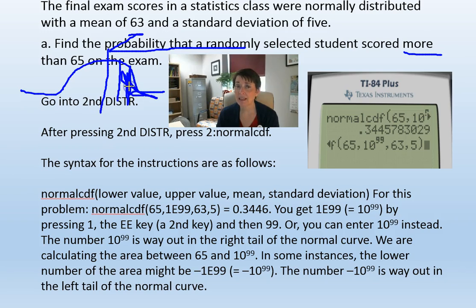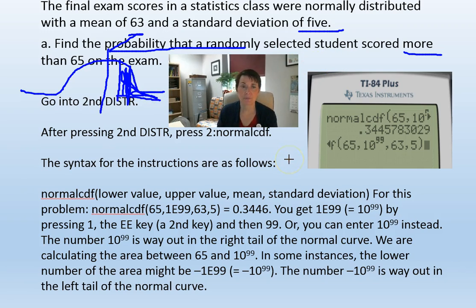It's going to be a lot less than half, right? And if we take the standard deviation of 5, this is going to be within that first standard deviation, so we can kind of figure it out that way with our percentages. So what is the area under the curve from 65 outward?